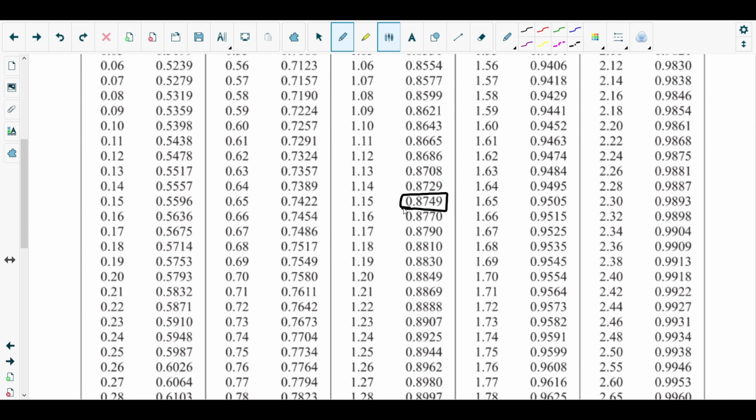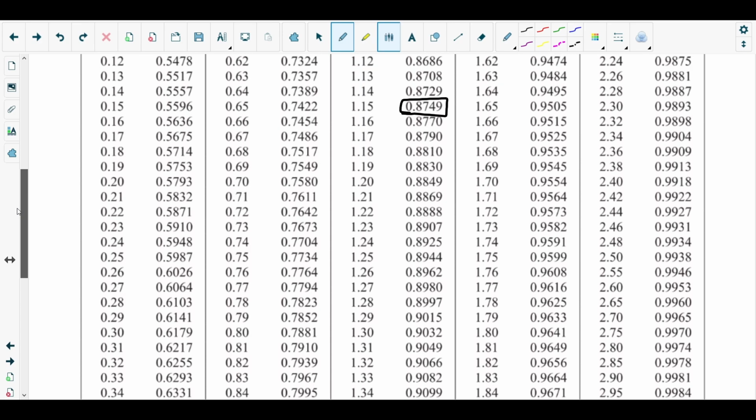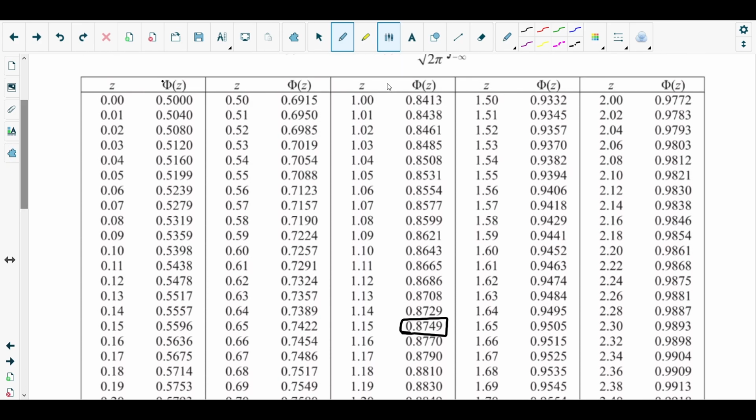Since we are finding less than, the upper limit is 1.5. The probability we get is 0.9332, which is exactly what I got in my calculator, 0.93319.